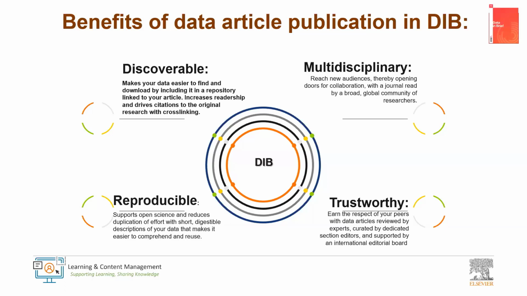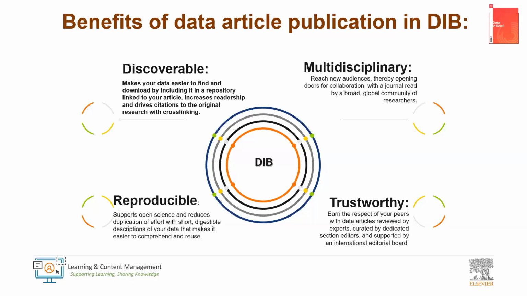Second, it is multidisciplinary. It reaches new audiences, thereby opening doors for collaboration with a journal read by a broad global community of researchers. Third, it's reproducible. It supports open science and reduces duplication of effort, with short, digestible descriptions of your data that make it easier to comprehend and reuse.